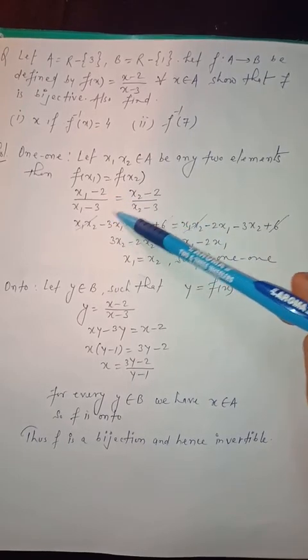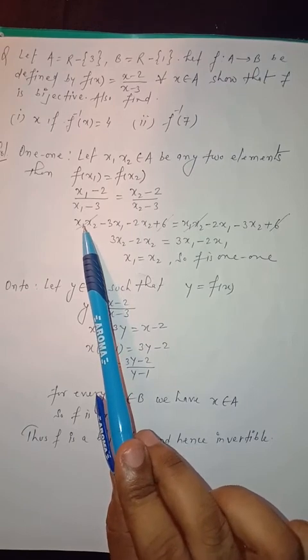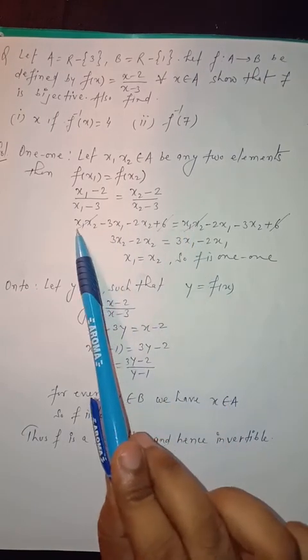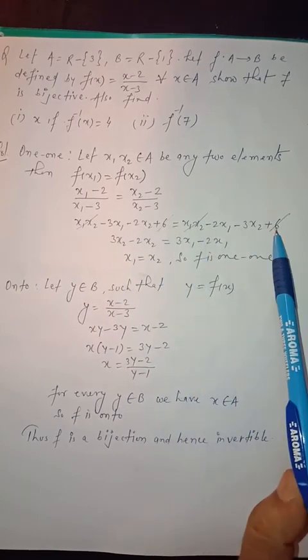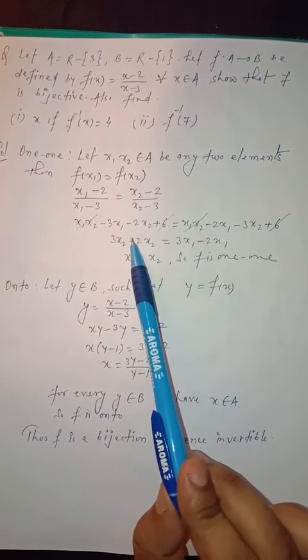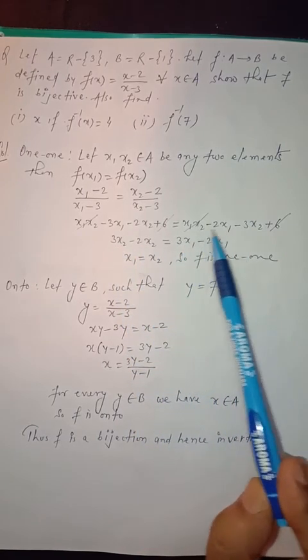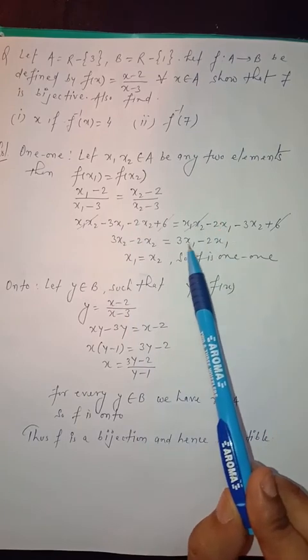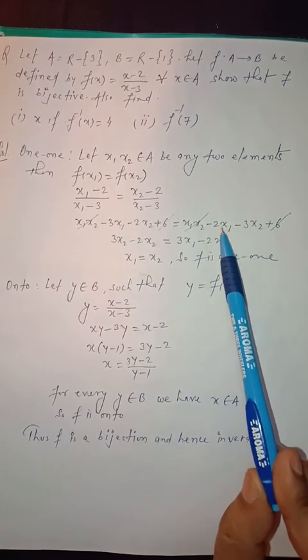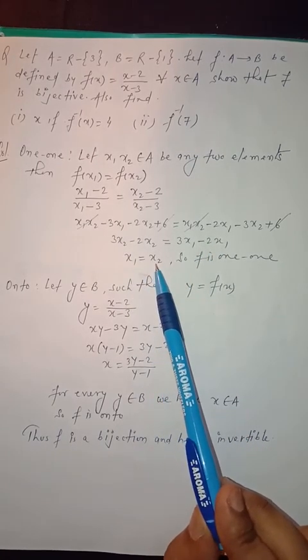Cross multiply it and you will see a few terms like x1x2 will be cancelled, as well as 6 and 6 are cancelled. So the remaining part is 3x2 minus 2x2 equal to this 3x1, which is transferred to the right hand side, and this 2x1 is already here. So finally we are getting x1 is equal to x2.